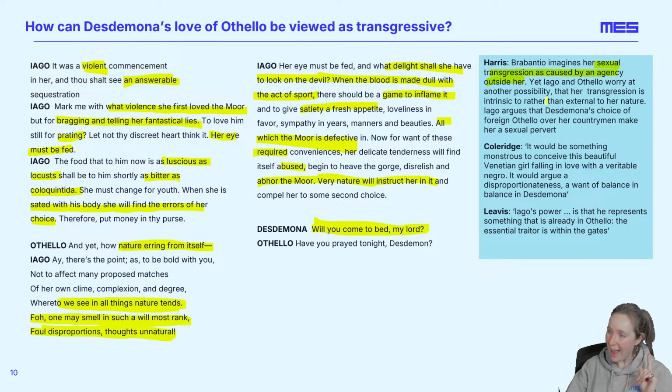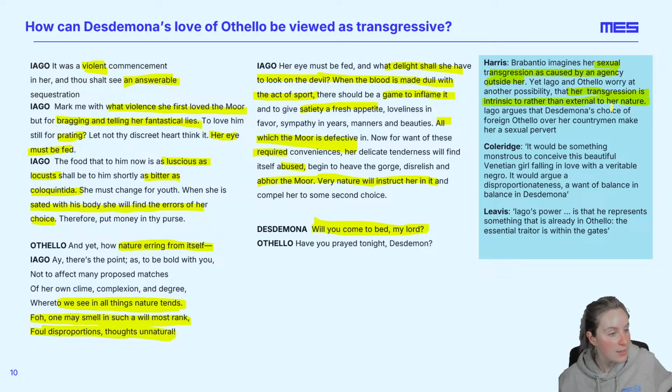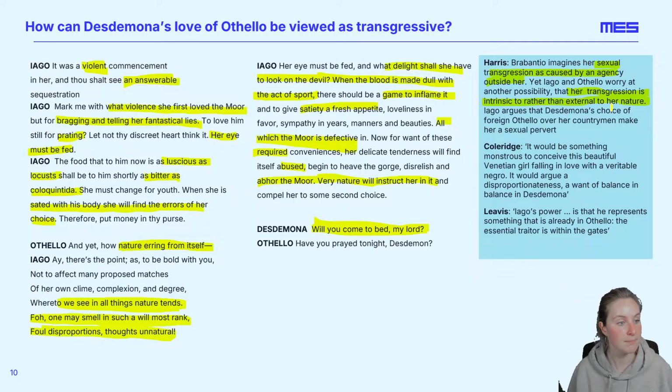Yet Iago and Othello worry at another possibility, that her transgression is intrinsic rather than external to her nature. So her transgression of marrying Othello has something to do with her being defective and immoral in some way.